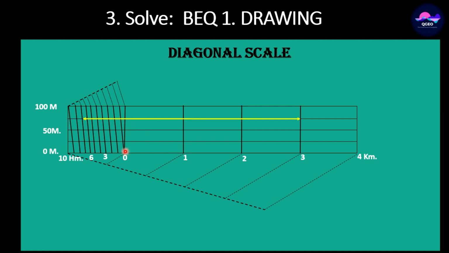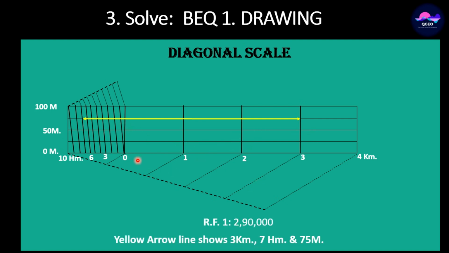Now the arrow line shows the 3 kilometer in the primary division and 7 hectometer in secondary division. 0, 1, 2, 3, 4, 5, 6, here 7, and 75 in the upper portion. You can go from this point to this point. Total length of the arrow line is 3 kilometer, 7 hectometer, and 75 meter.